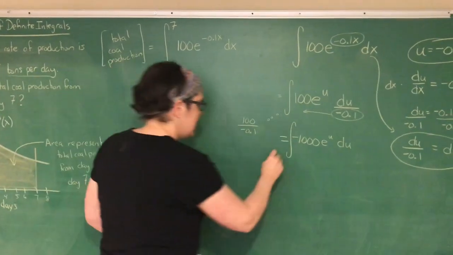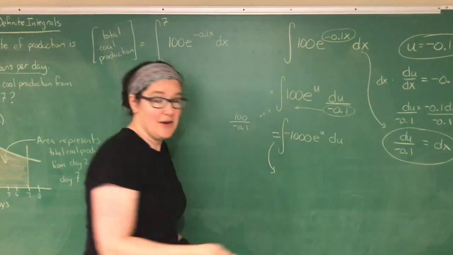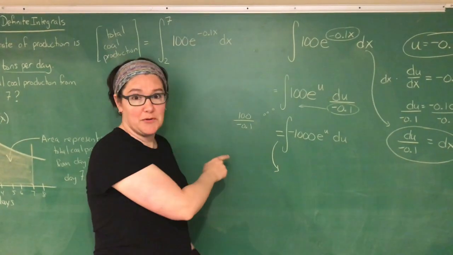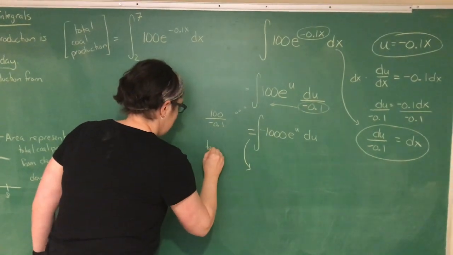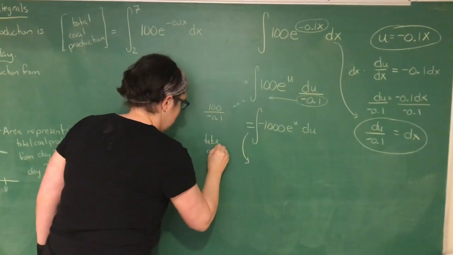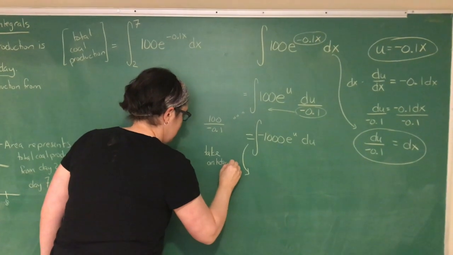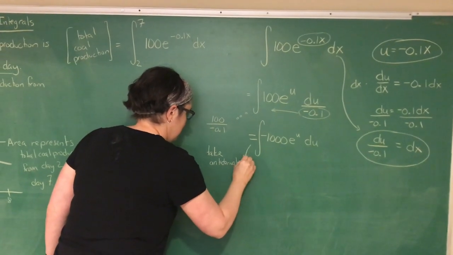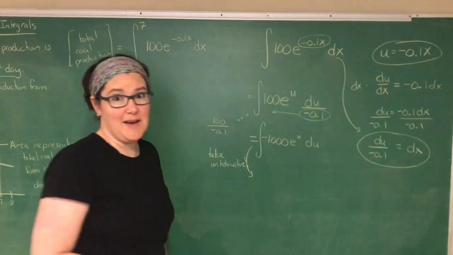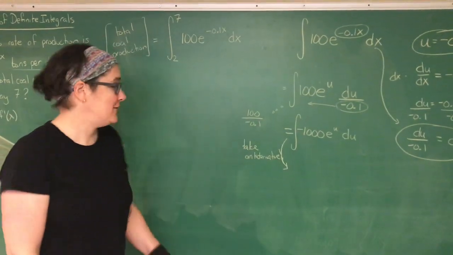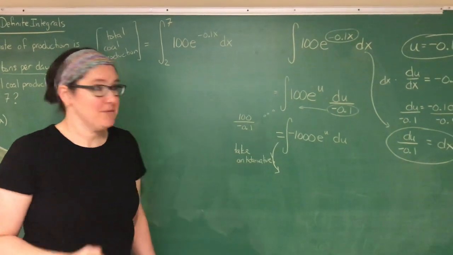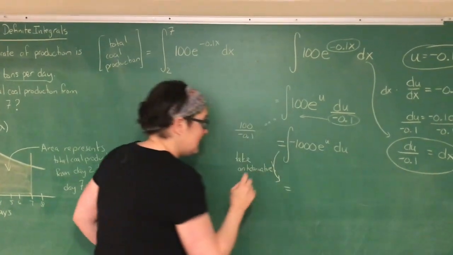Now I'm ready to take my antiderivative. And I know I've said this before, but this is the most important step, so you definitely want to remember to take your antiderivative. This is the most forgotten step in doing a u substitution, and that's the whole point of doing a u substitution, is finding this antiderivative. Okay, so here we go. We're going to take our antiderivative.